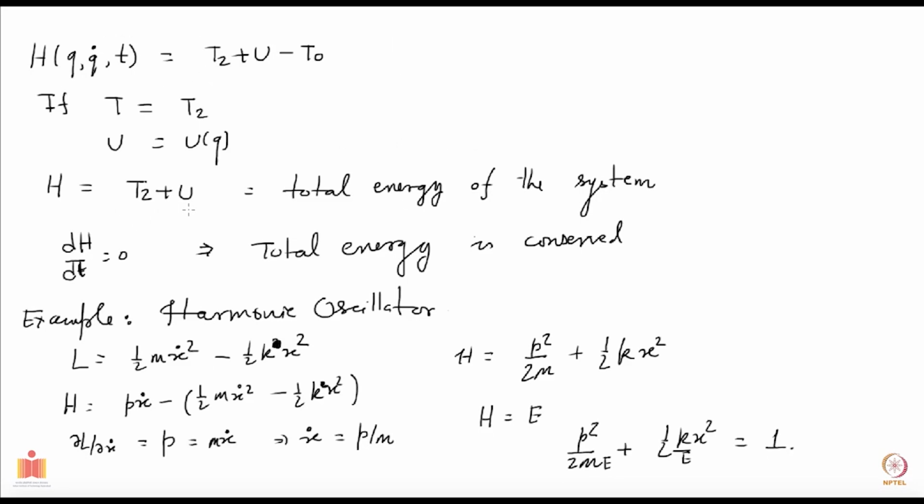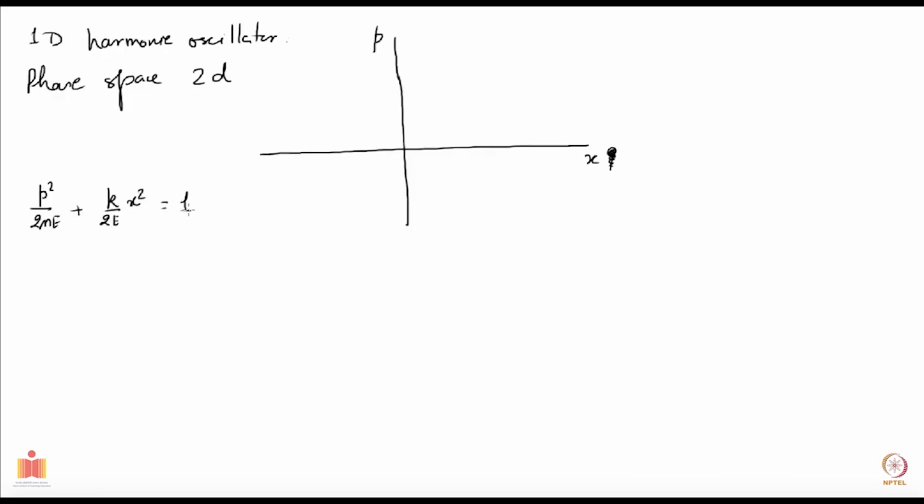That's what I think we had. Now if you are given one oscillator, then for that oscillator, this is the condition that has to be satisfied. So if you look at what this represents, it represents an ellipse in the x-p plane. But for simplicity, let me put all the constants m and k to be 1.